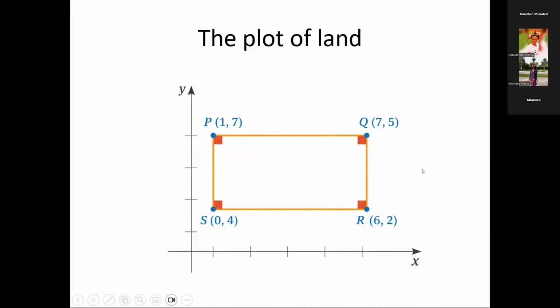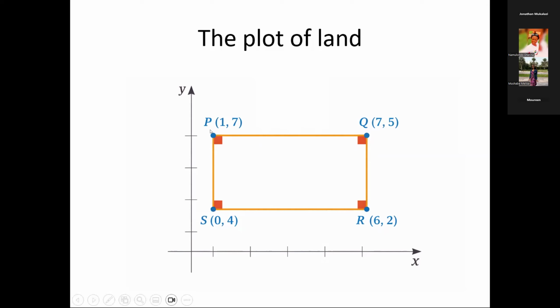So I first went ahead to calculate the slope of the line PQ, the slope of RS, the slope of QR, the slope of PS, i.e. the gradients of all the lines, because before we even approach the question, we want to assume that we don't know if it's a rectangle or not. On calculating the slope of PQ, we got -1/3.